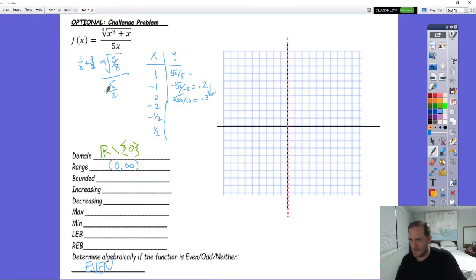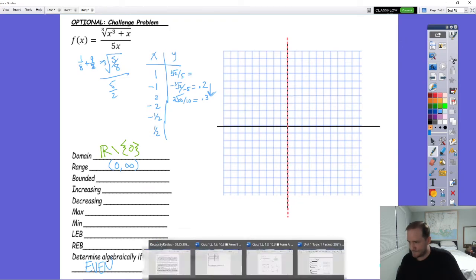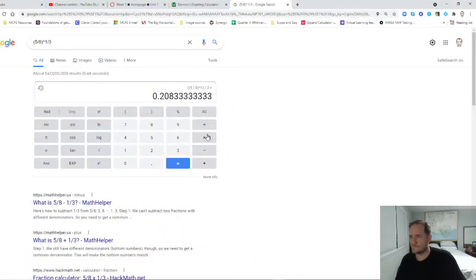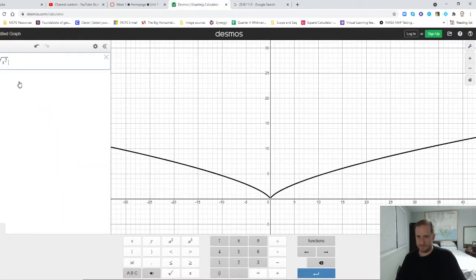So you just multiply by 2/5. So something small. Dude, I don't know. I'm a little puzzled. Okay, let's graph the thing. I quit.